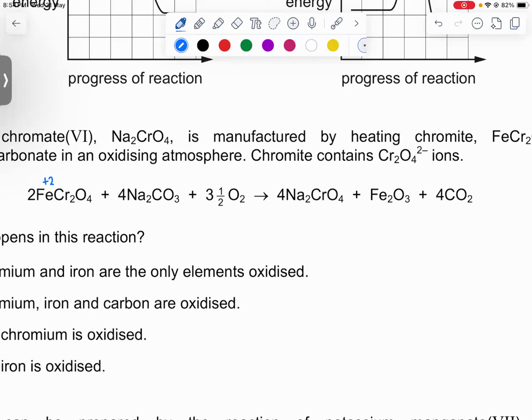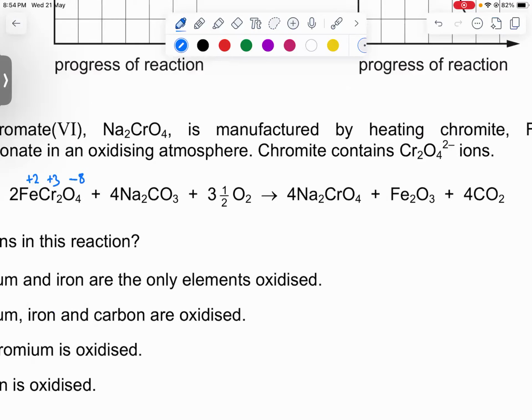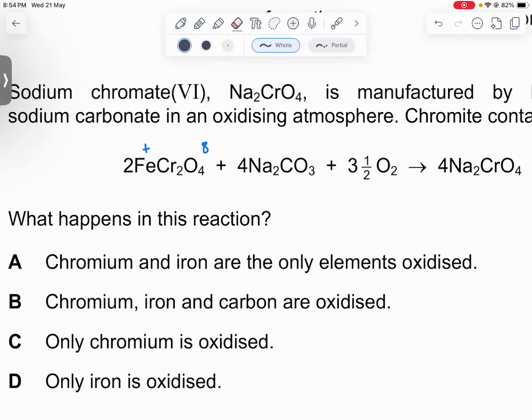Because 4 oxides is -8, so Cr is +3 over here. How do I know Cr is +3? Let's write whole values like -8, because oxide is -2. Fe is +2 as we've established, and Cr is a total of +6 because each Cr must be +3. There are two Crs.